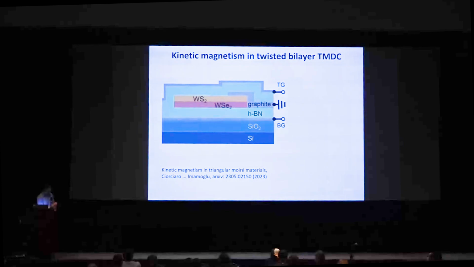This is work from the group of Atac Imamoglu at ETH Zurich, where he's looking at these transition metal dichalcogenides. They're looking at a bilayer system of these transition metal dichalcogenides, and they're twisting them. You might have heard of magic angle twisted bilayer graphene. Here, we're not working at any magic angle, just a twist. And what they realize here is a very clean triangular Hubbard system.